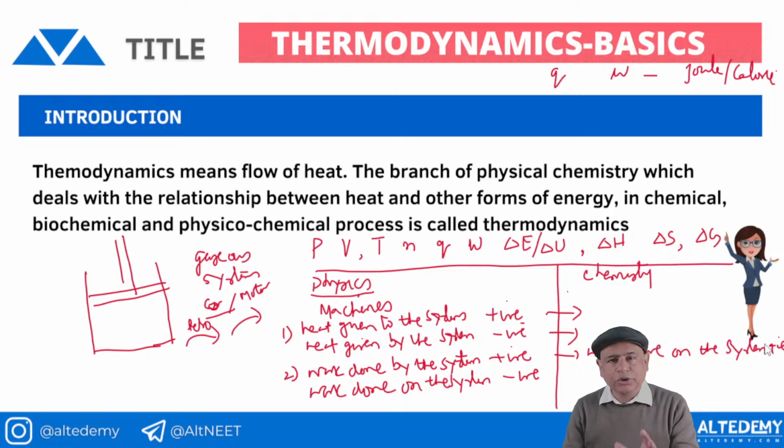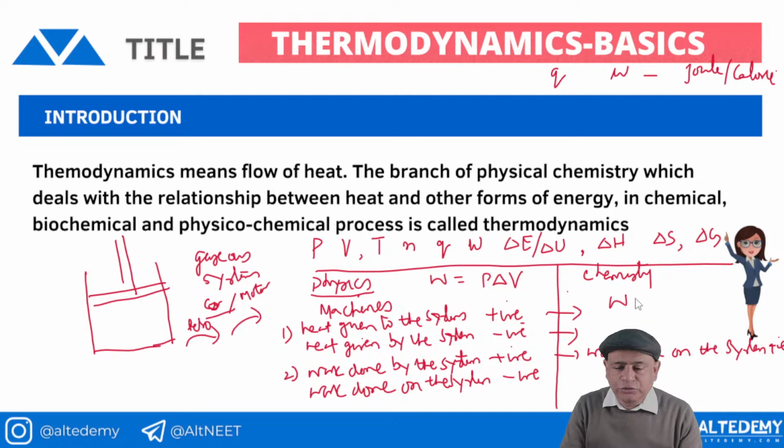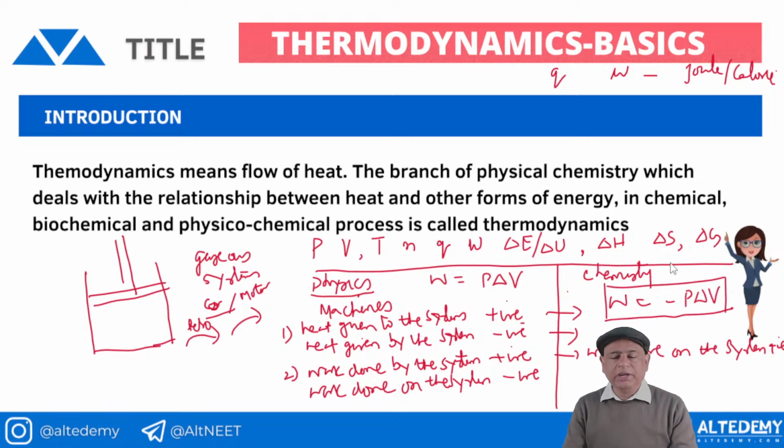And there lies the whole difference. In physics, work done is said to be P delta V, but in chemistry, wherever you will be writing W, we will be writing minus P delta V. Everywhere we will be writing work done is equal to minus P delta V, right? Okay, we will elaborate on this matter further.